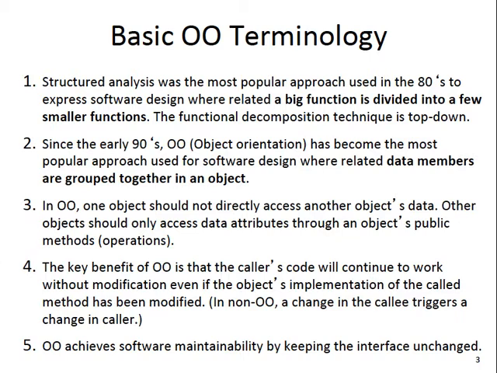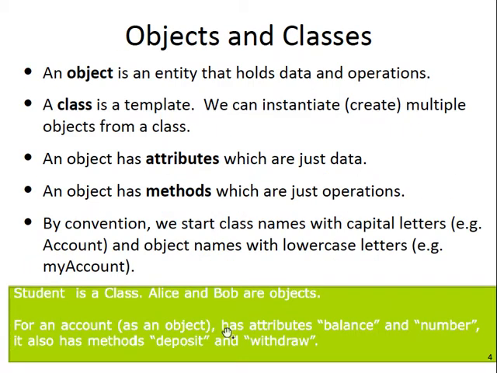If you keep the interface unchanged, then you can change the caller and the callee, the one who's calling and the one who's being called, and the resulting program will still work as long as the interface between the two is the same. So that's how we achieve software maintainability.